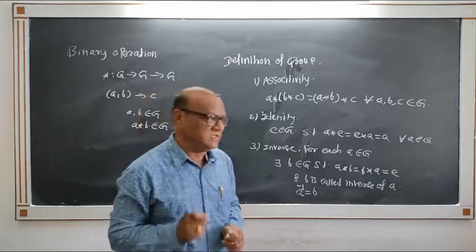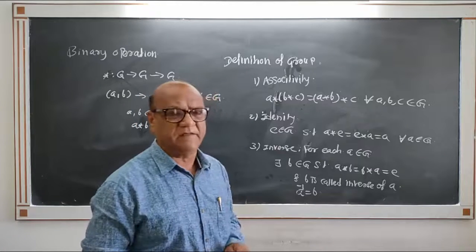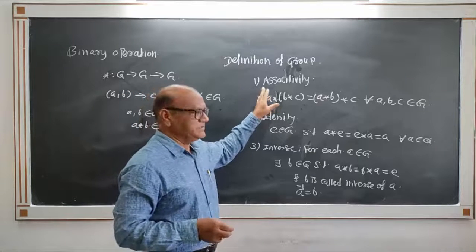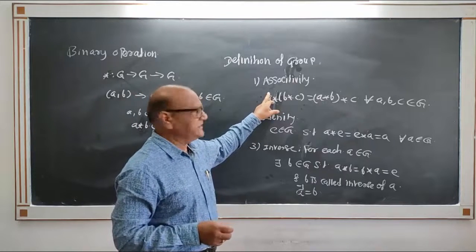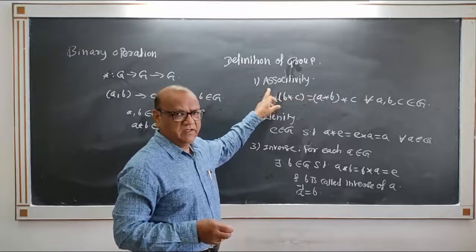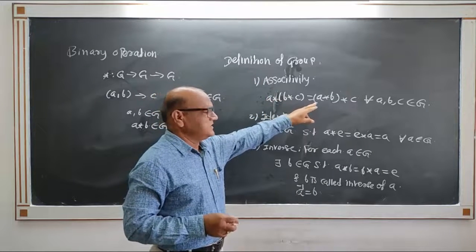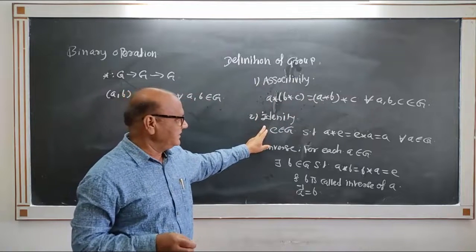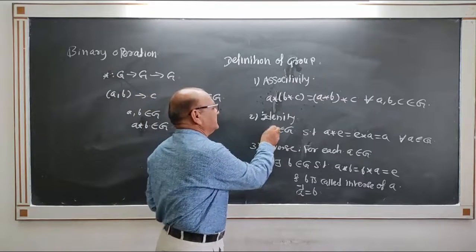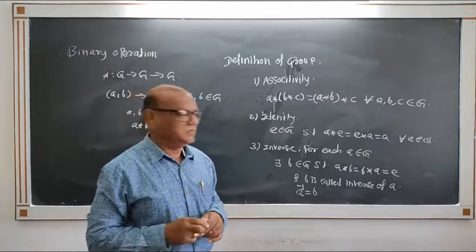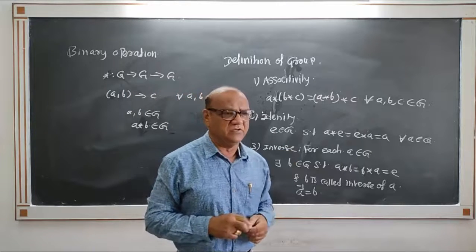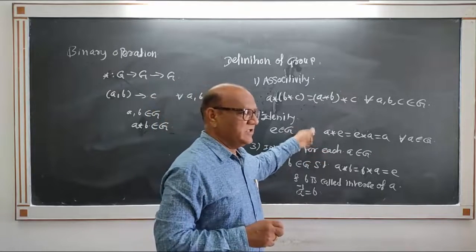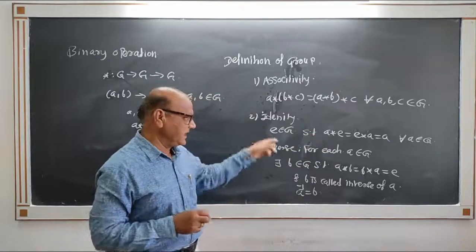That means G is a non-empty set with binary operation is said to be group if these axioms are satisfied. Associativity, that means star satisfies associative property. Second, identity, that means there exists E belongs to G such that A star E is equal to E star A is equal to A for all A belongs to G. E is called identity.